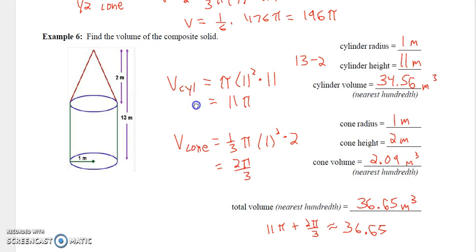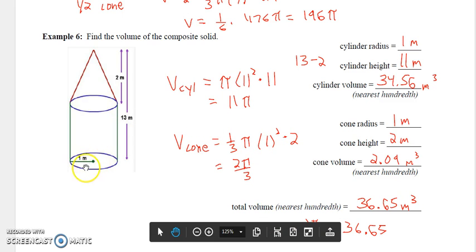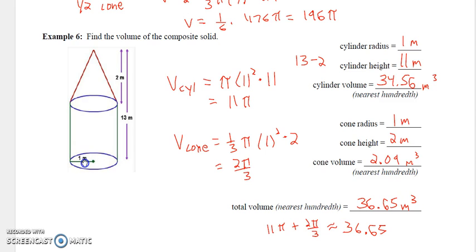So I have the volume of a cylinder here, volume of a cone. You can look up the formula. The cylinder formula is pi times r squared times h, and the cone formula is 1/3 pi r squared h. Now, if you look at the cylinder, do you see how 1 is the radius of that circle? But look at the bottom part of the cylinder and the bottom part of the cone.